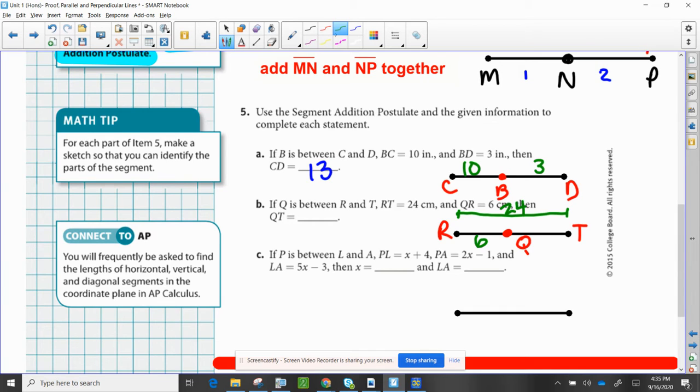They want you to find the length of QT, this little segment here. So why don't you try that? What is the length of QT? Hopefully you said that QT would have to be the total segment minus the length of RQ. So that would leave us with 18 for the length of QT. All right, and C, they're going to throw a little algebra at you here.